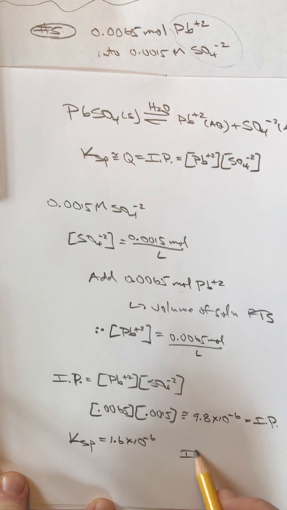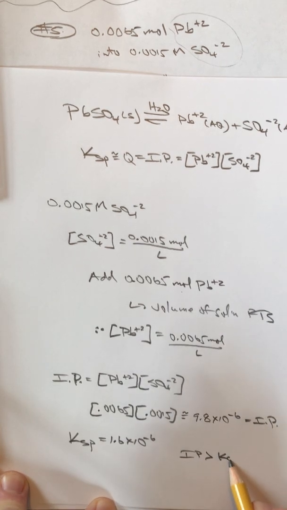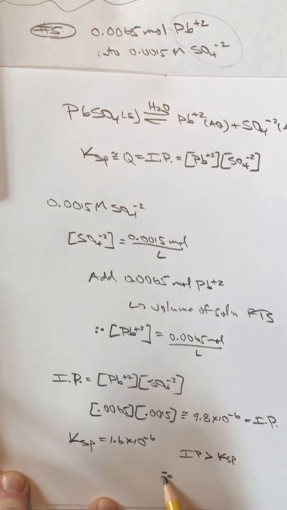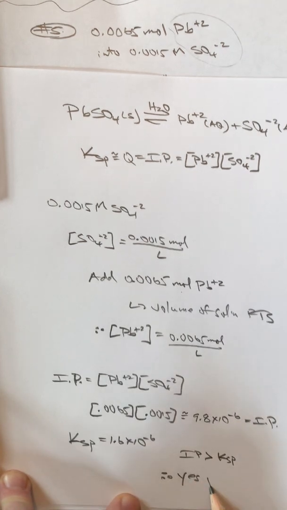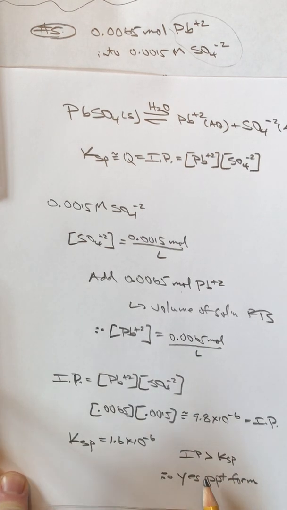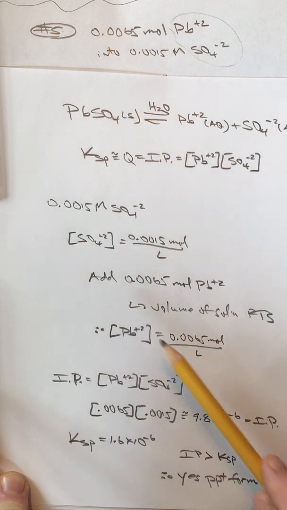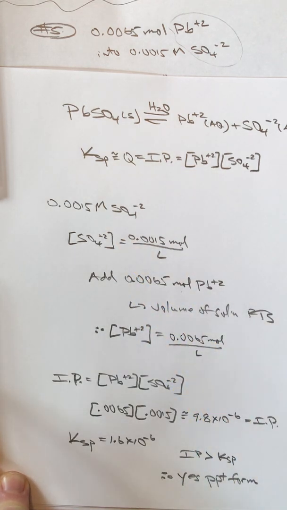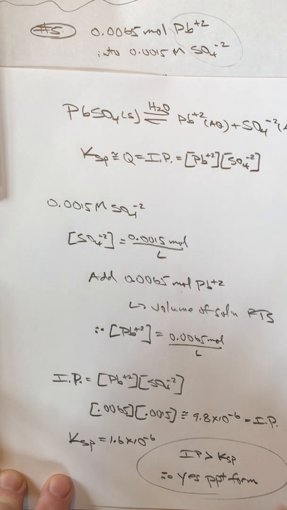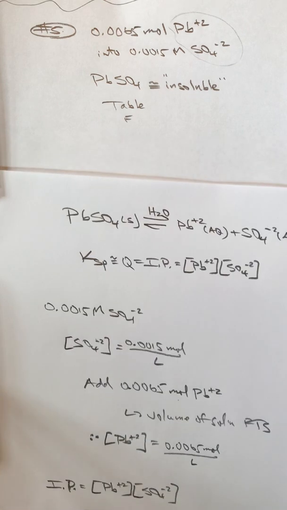My ion product is greater than KSP. Therefore, yes, a precipitate will indeed form. You've exceeded a saturated solution. There's no way that solution can hold that many lead ions in the presence of that many sulfate ions. Some of them will precipitate out. Okay, so that's number 5.